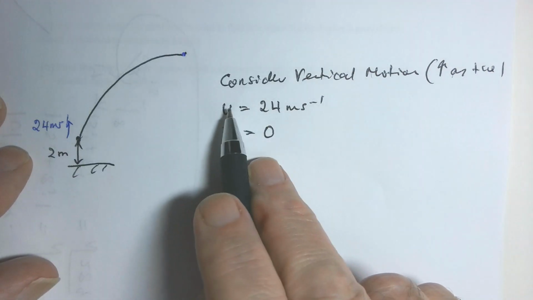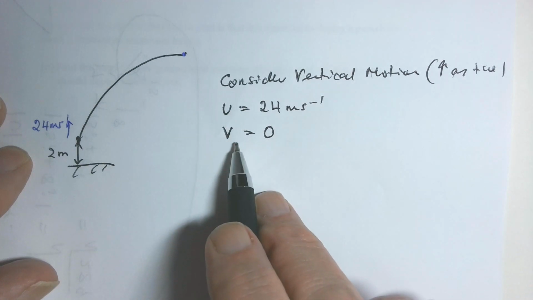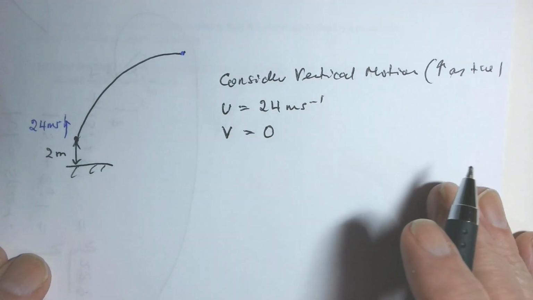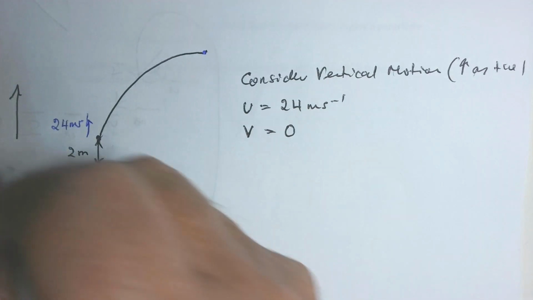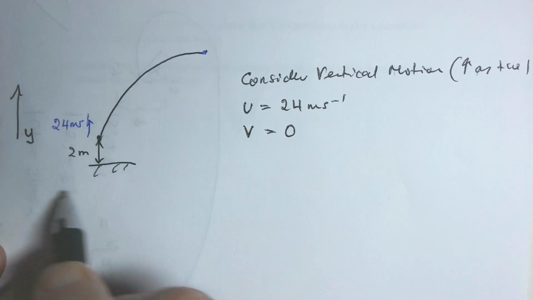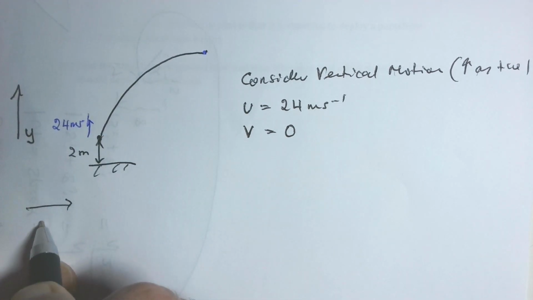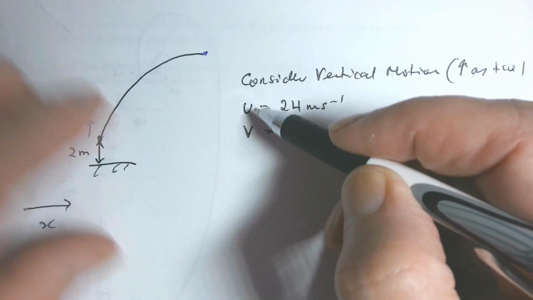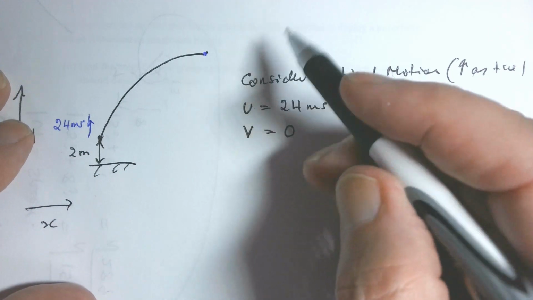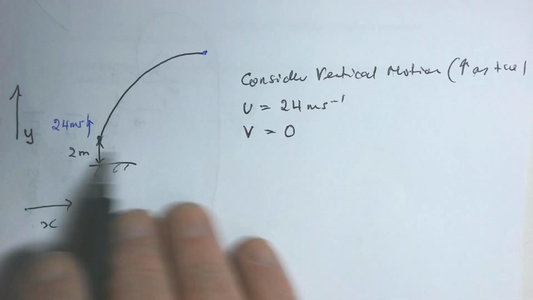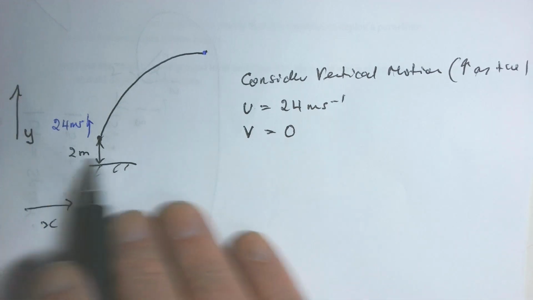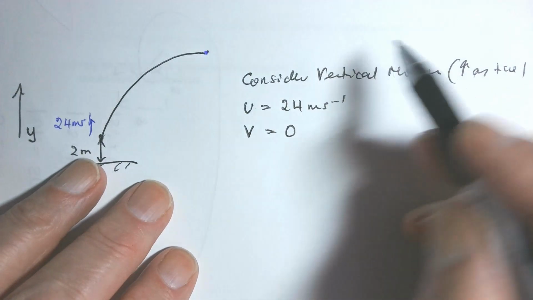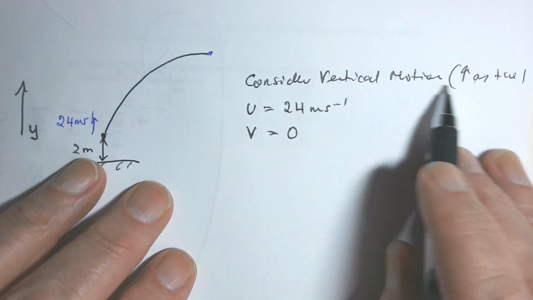If you like, you could call these uy and vy, because we're looking in the y direction, as opposed to the x direction, but I'm just going to leave these as u and v for this question, because there's no calculation involving x. But bearing in mind that we're only considering the vertical motion.